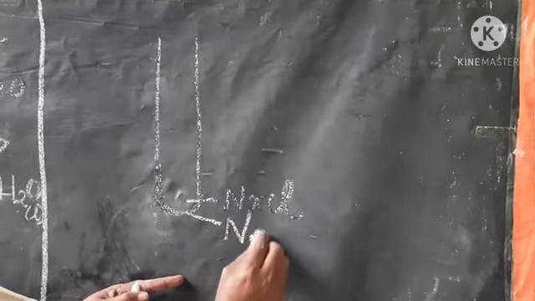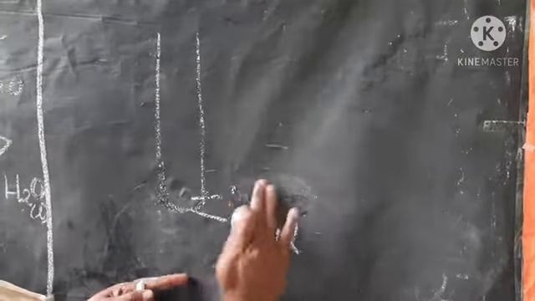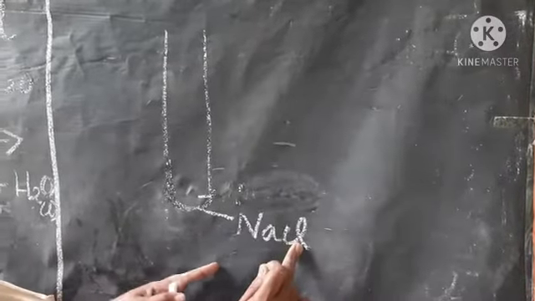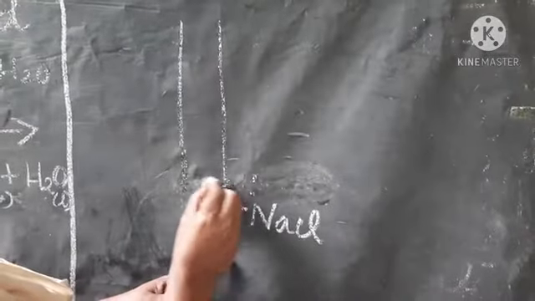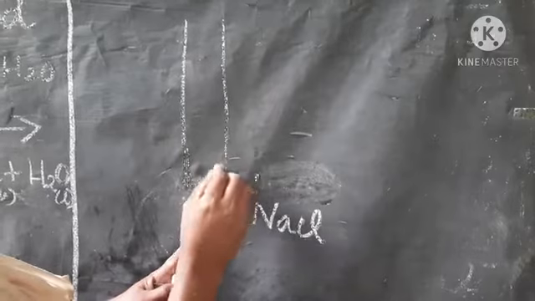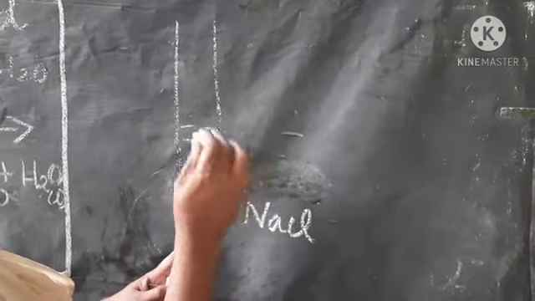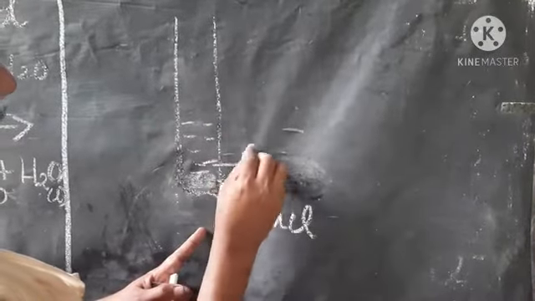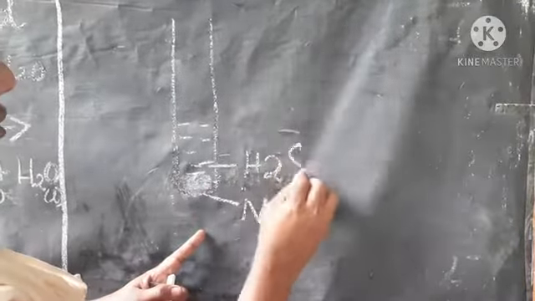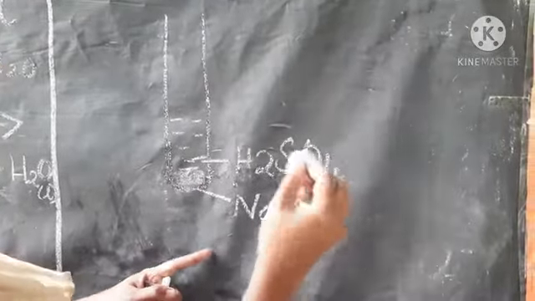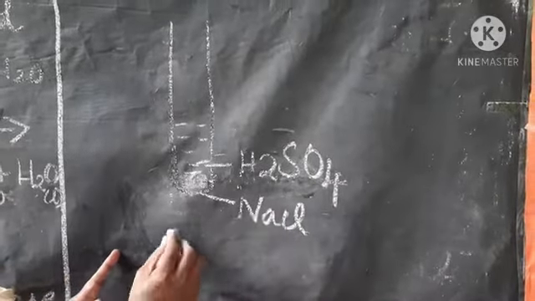It is none other than the table salt. Sodium chloride is taken and a few drops of sulfuric acid are added slowly. The formula is H2SO4. Okay, what will be the reaction that takes place?